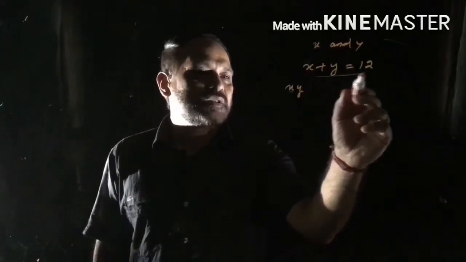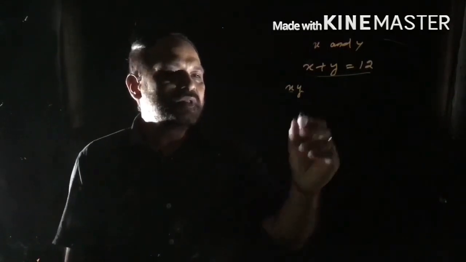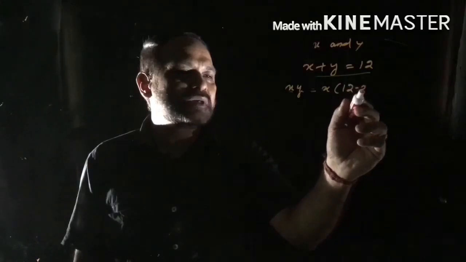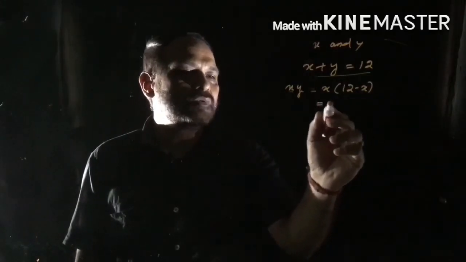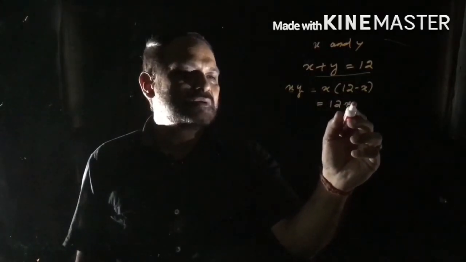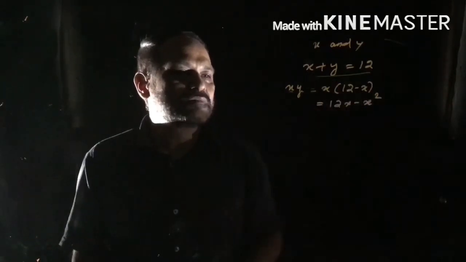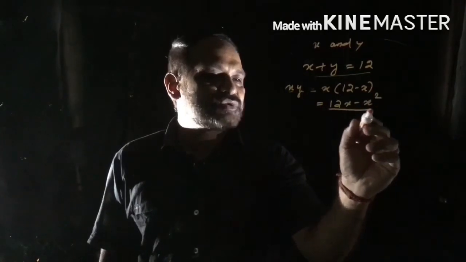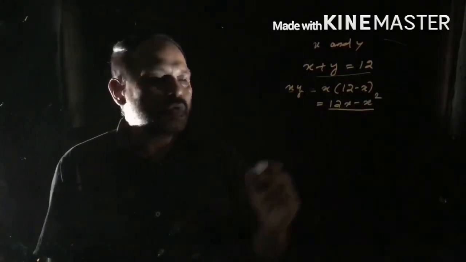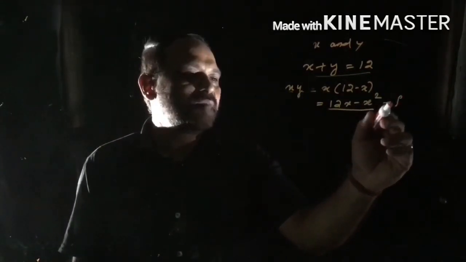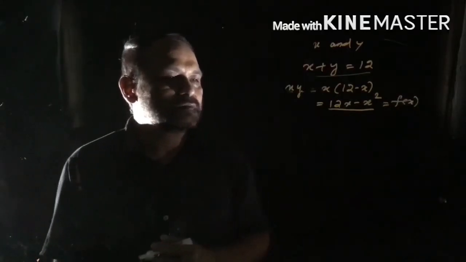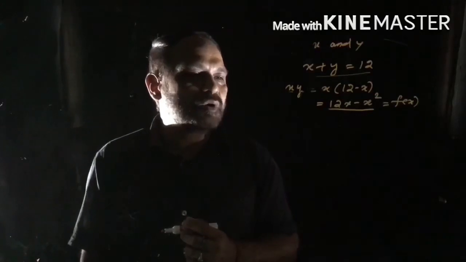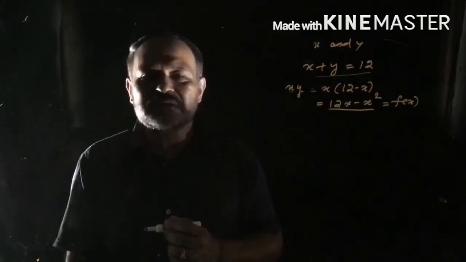Given x + y = 12, in place of y we can write 12 - x. So the product is x(12 - x), which is equal to 12x - x². Now the product has changed to one variable. We consider this as f(x). Here f(x) = 12x - x².